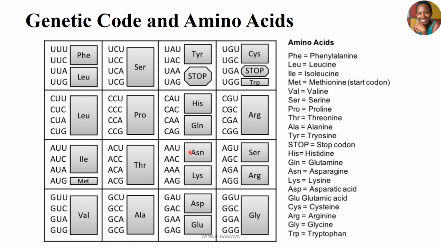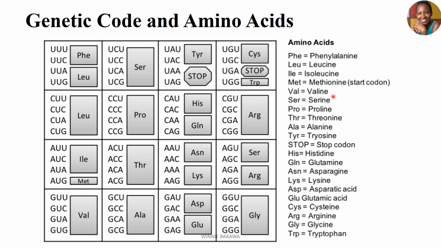So keeping on, we've said that we have 20 main amino acids, and when you're discussing them, we will be using different short forms, but these are our main amino acids. So we have phenylalanine, leucine, isoleucine, methionine, which is known as the start codon. If you want to start the translation or the coding, you need a start code. This start code is methionine.